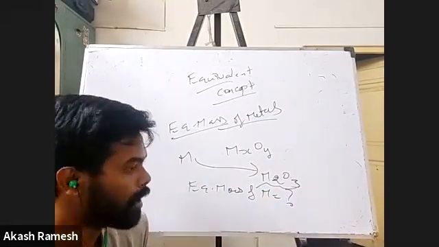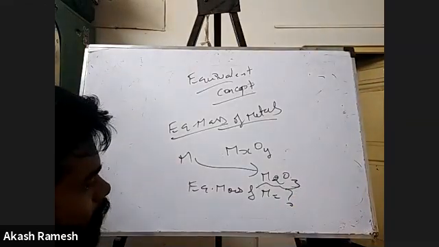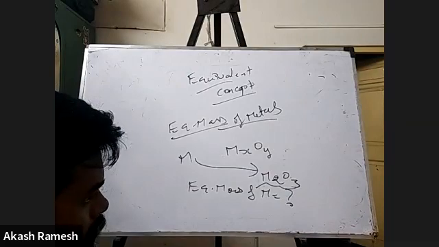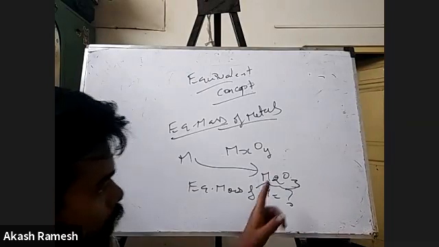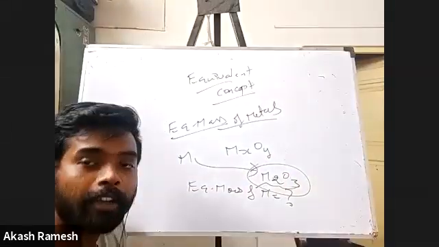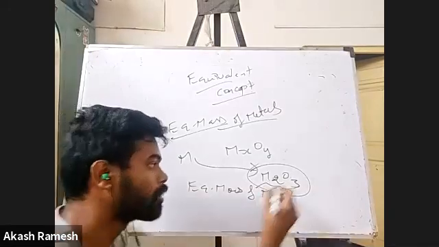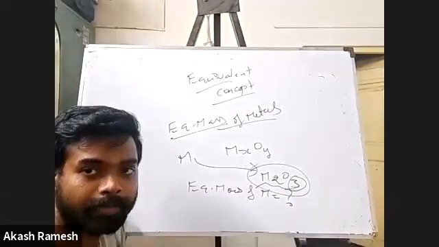Now what I understand is, in this compound M2O3, we'll see what is the mass of oxygen present. There are 3 moles of oxygen, correct?